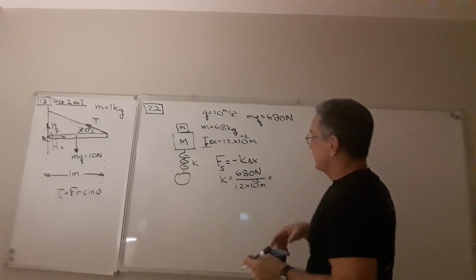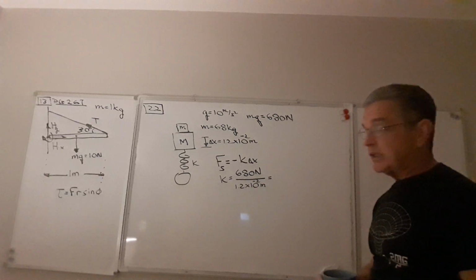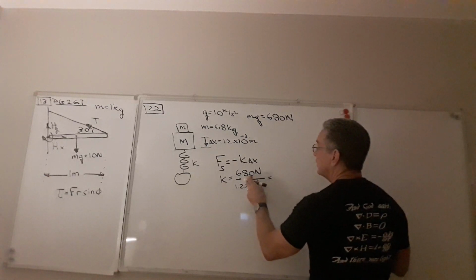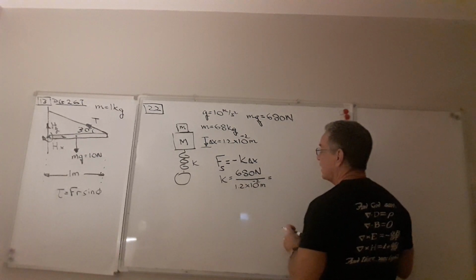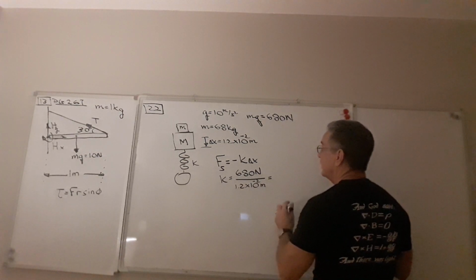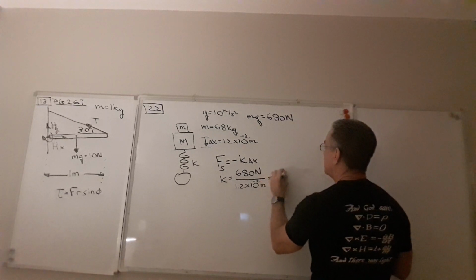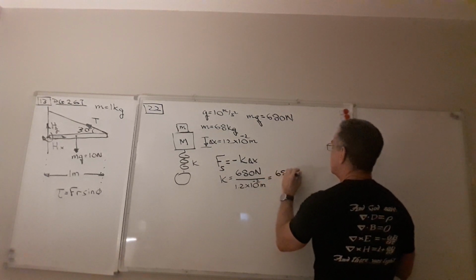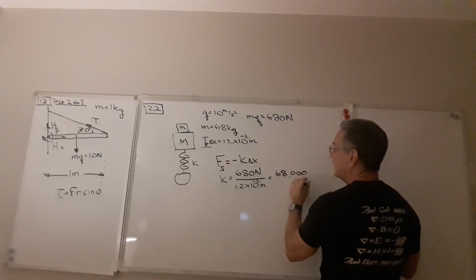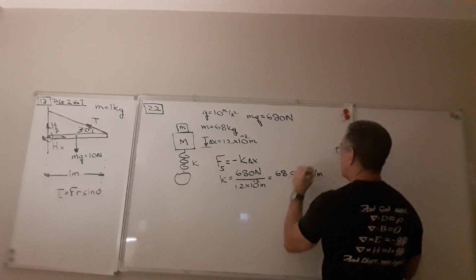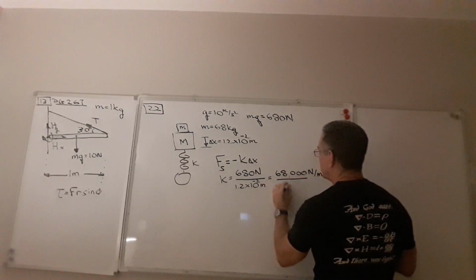Okay, if you divide by 10 to the negative 2, same thing as multiplying by 10 to the positive 2. So 680 times 100 would be 68,000 newtons per meter, but we still have the 1.2 to worry about.